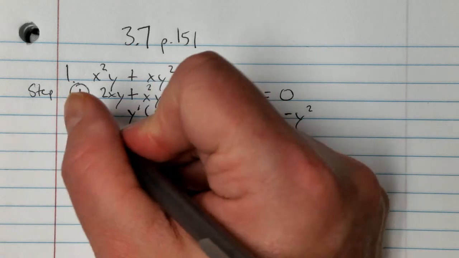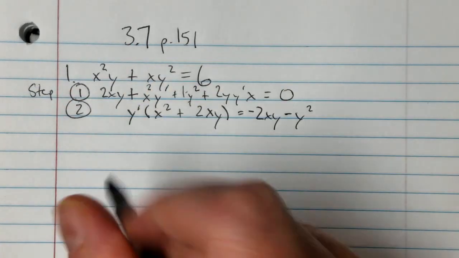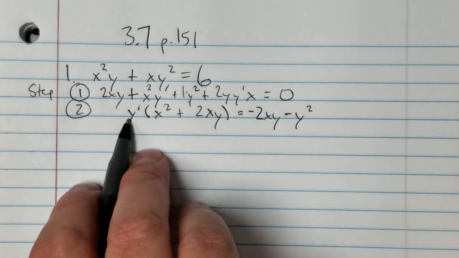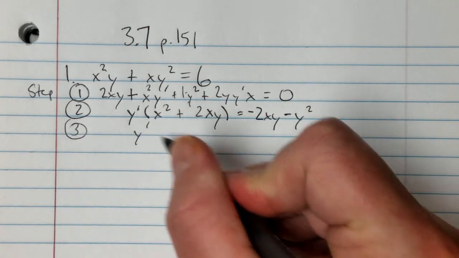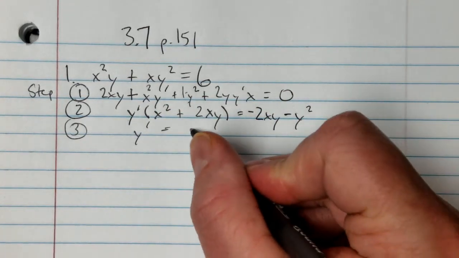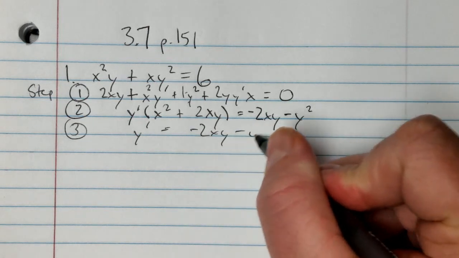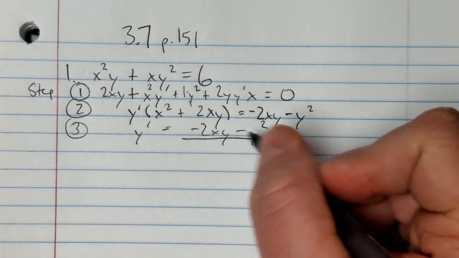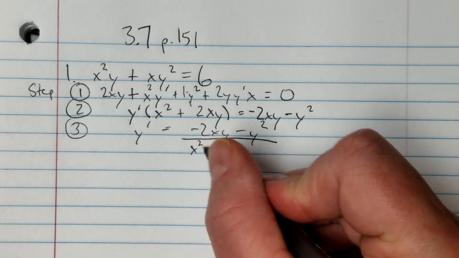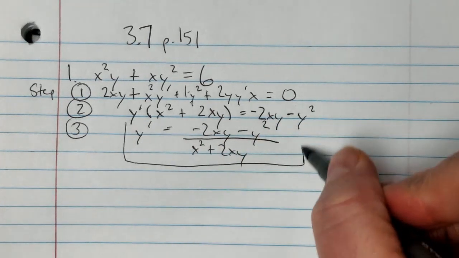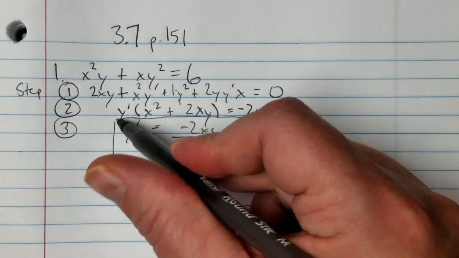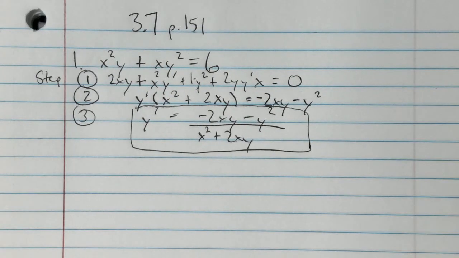And that was step 2. Factor out your y prime, and then solve for y prime. So you're going to have negative 2xy minus y squared in your numerator, and then x squared plus 2xy in your denominator. So that's your first one.